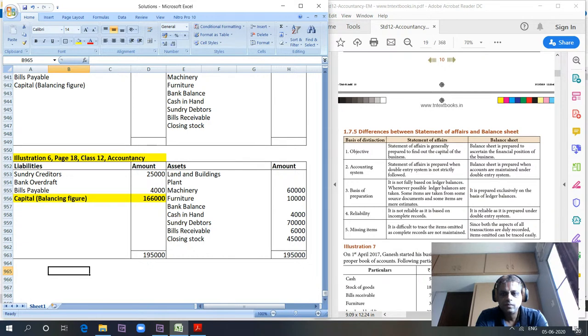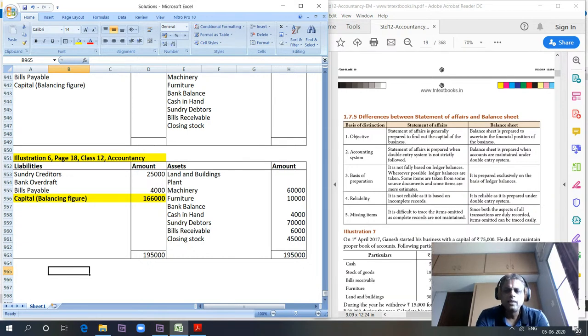While we are in this, why don't we discuss the difference between a statement of affairs and a balance sheet? Both look in the same form, right? But a balance sheet is prepared based on the double entry system, and a statement of affairs is prepared based on the unclean records that are maintained. A balance sheet is supported by all the journal entries and ledgers. Ledger balances move into the balance sheet.